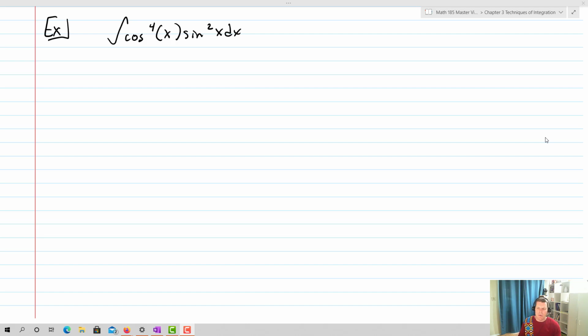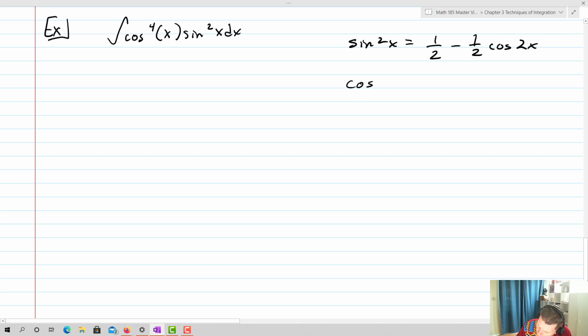Instead, I'm going to use one of those identities that we talked about before. So I know that sine squared x is going to equal 1/2 minus 1/2 cosine 2x. And cosine squared x is going to equal 1/2 plus 1/2 cosine 2x. And so I'm going to utilize those in order to actually make the substitution.